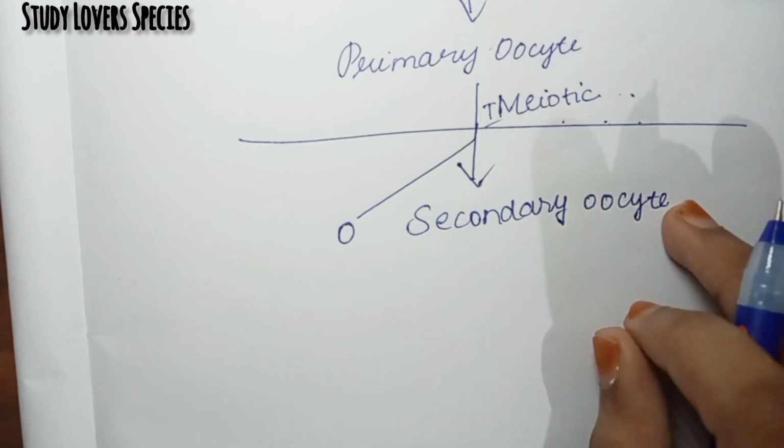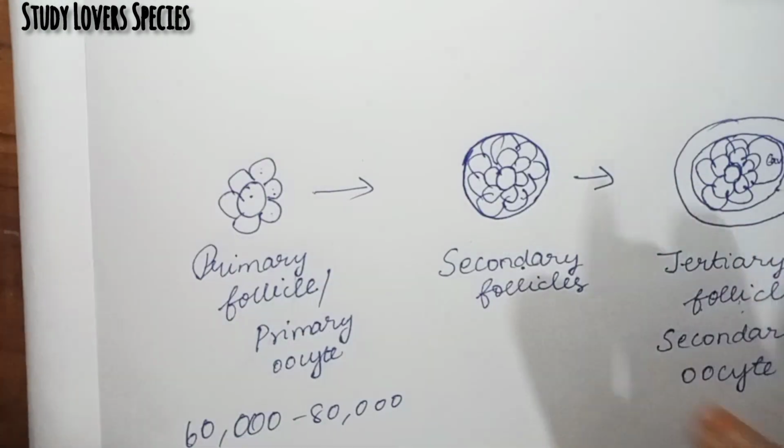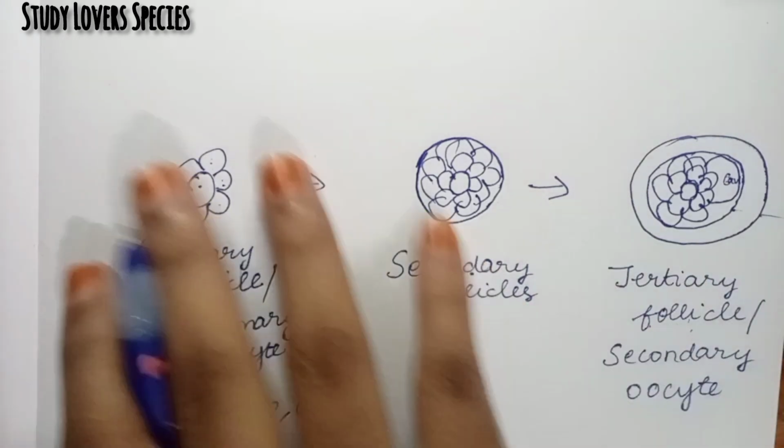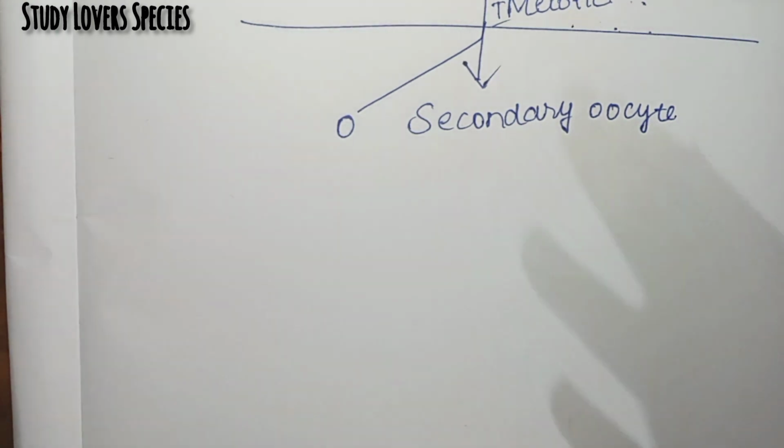So the secondary oocyte is nothing but the tertiary follicle which we saw here. This secondary oocyte will become mature and grow in size, and these are the Graafian follicles. Let me explain that.